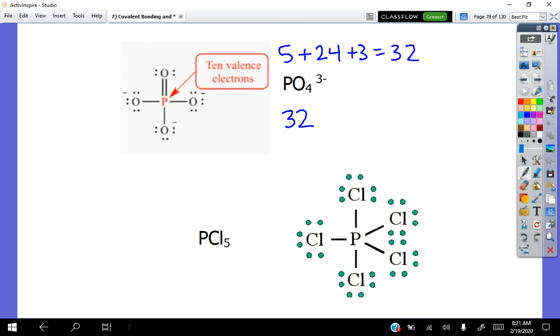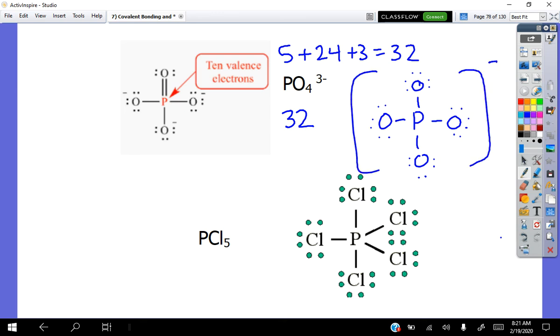Phosphorus ends up being in the center. Most people, when they go to draw this particular one, give it all single bonds. And when they do that, they use all 32 electrons, and they get a perfectly good structure that satisfies the octet rule, just like this.